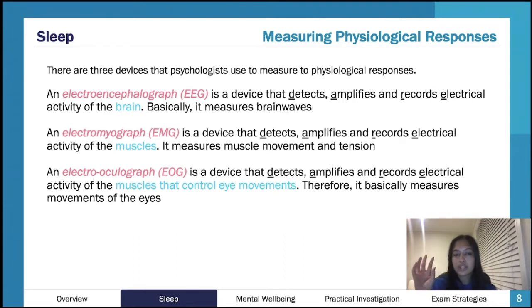It's got that little EEG acronym on the study design. Therefore, say I'm in the exam and I'm about to write about an EEG, I can just call it an EEG. I don't have to say electroencephalograph in brackets EEG. I can just say EEG because VCAA has abbreviated it on the study design.